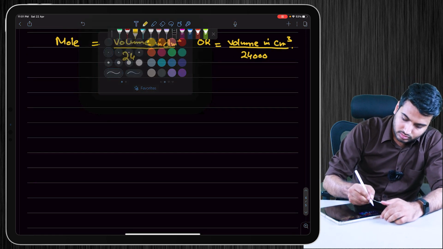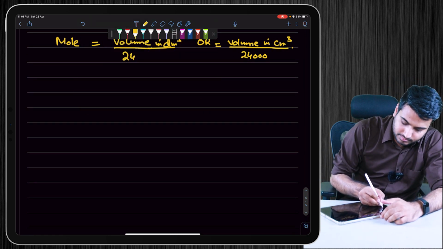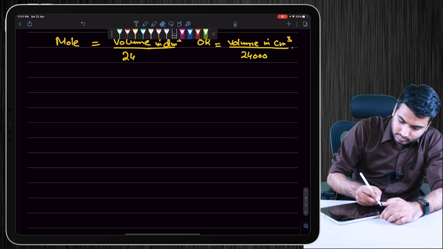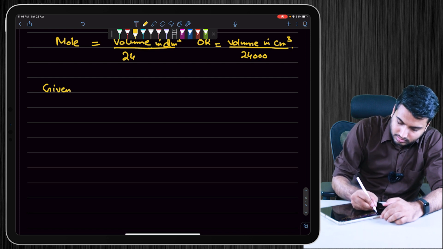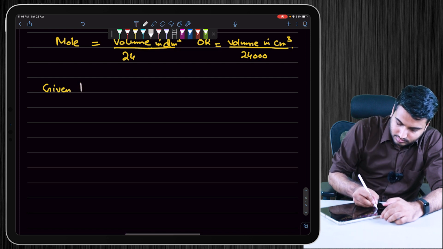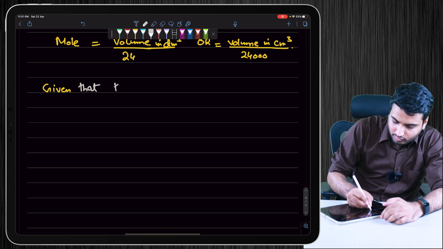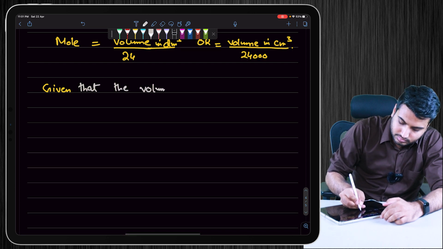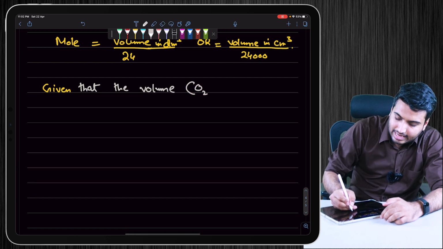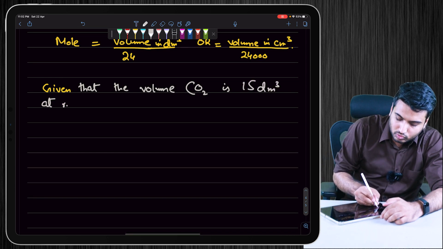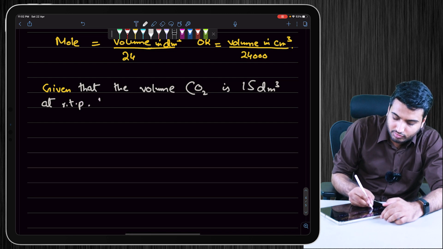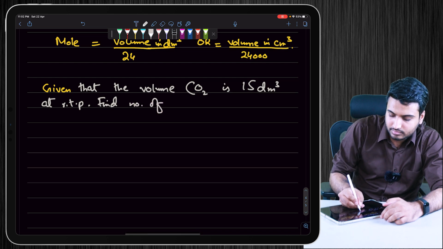Okay, so given that the volume of carbon dioxide gas is 15 dm cube at room temperature and pressure, find the number of moles.